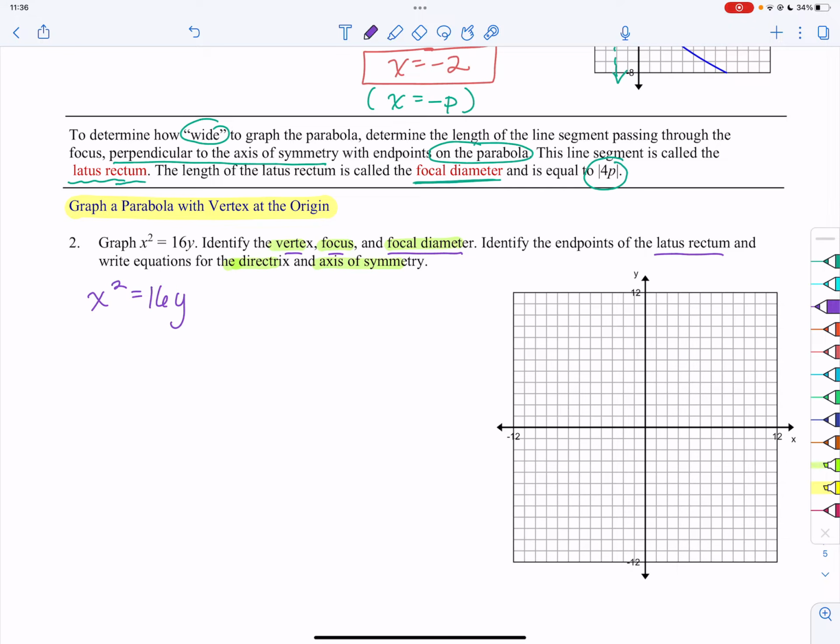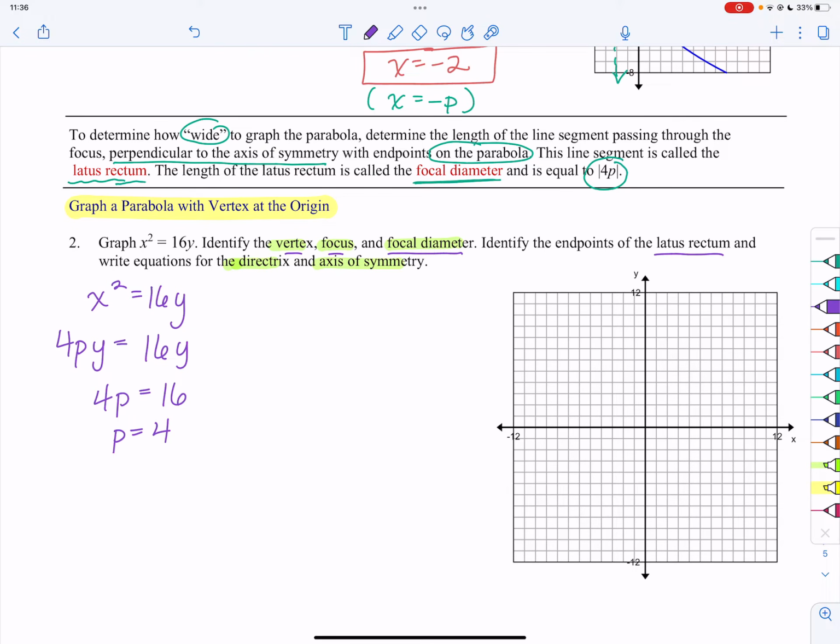Let's get started. So we know that x squared equals 16y. So we know that 4py is equal to 16y. So 4p equals 16, and we have p equal to 4.